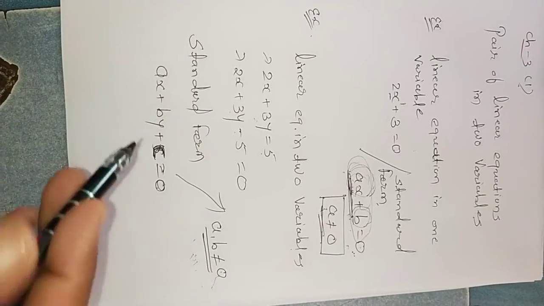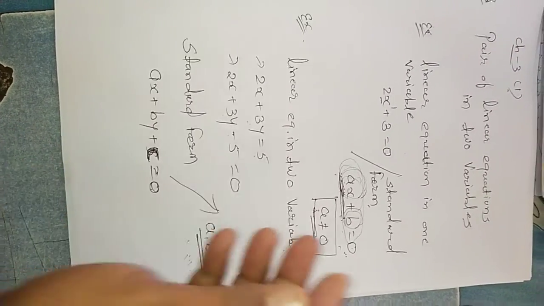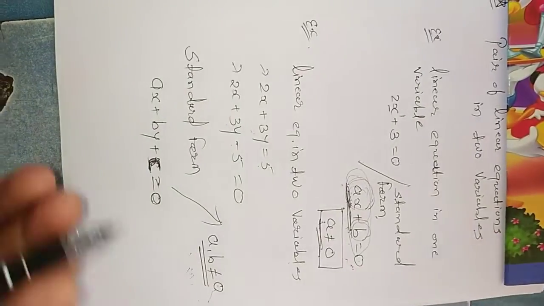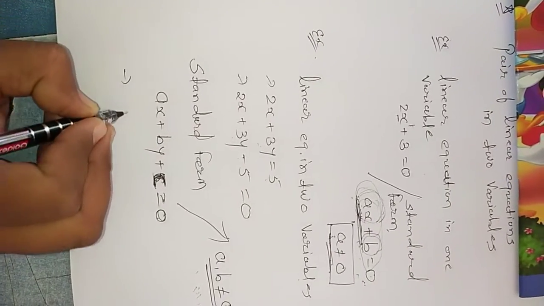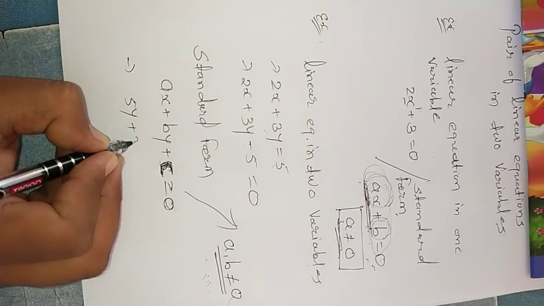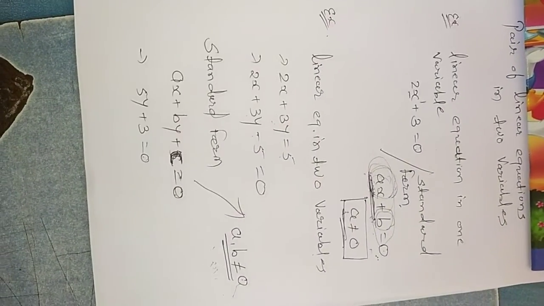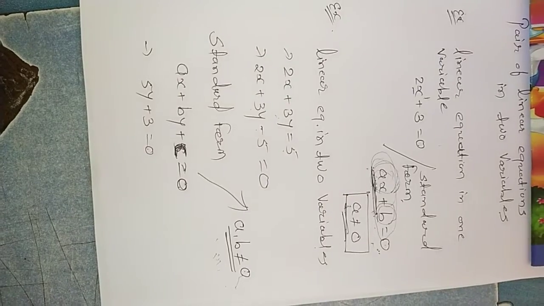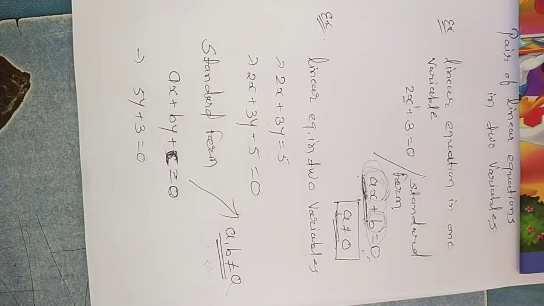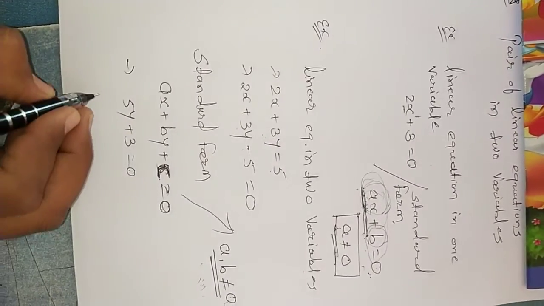It means that if only a is 0 or only b is 0, there is no issue, and we can still call it a linear equation. For example, I am writing 5y plus 3 is equal to 0. Is it a linear equation in two variables, or can I convert it into one? Yes, it can be converted. How?